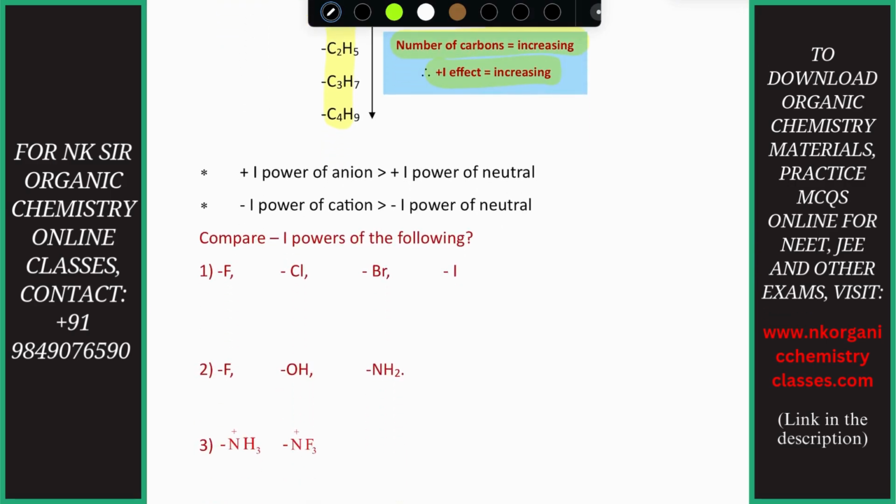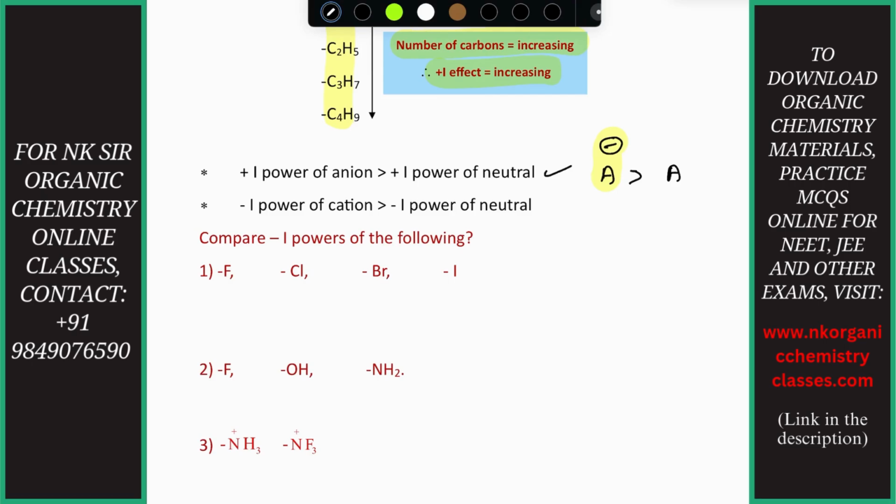And the two important points of inductive effect are: plus I power of anion is greater than neutral. How? For example, let me take an anion. Let me take a neutral. Tell me who is more electron rich? Yes, electron rich is this one. Therefore, plus I power of anion is greater than neutral.